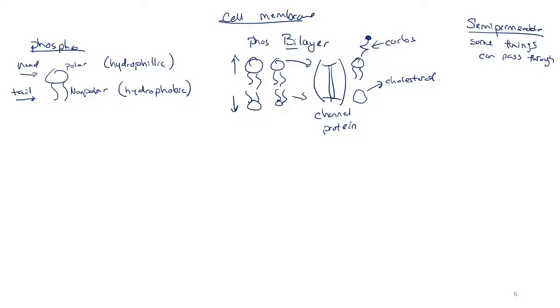Let's get the big idea out of here. Fluid mosaic. I'm trying to spell it phonetically. Mosaic model. The fluid mosaic model is basically, we'll say mobile. I'm really bad at spelling.